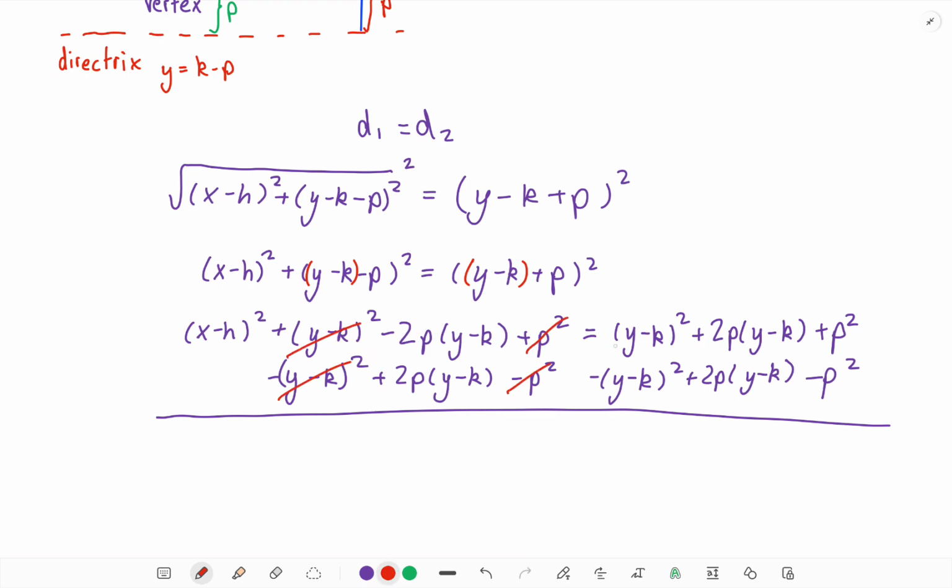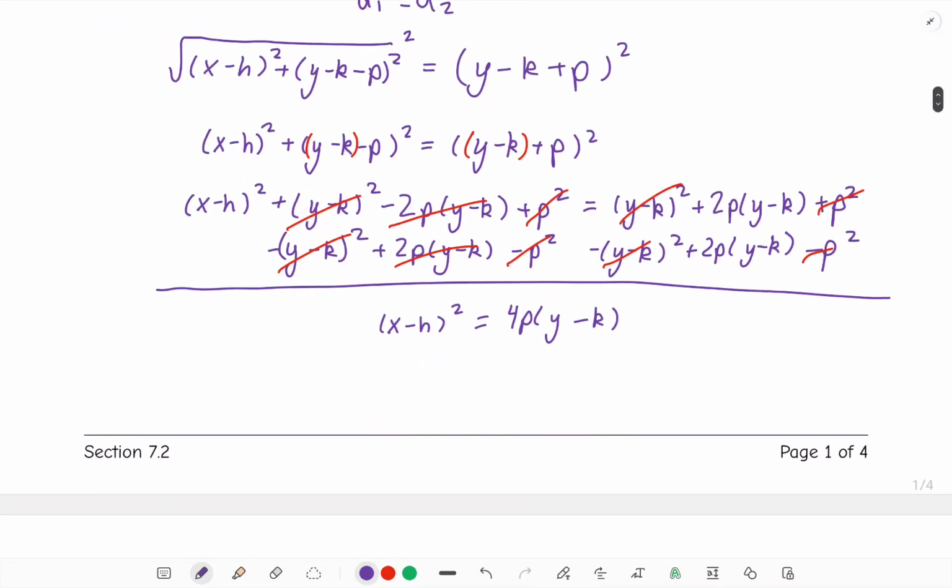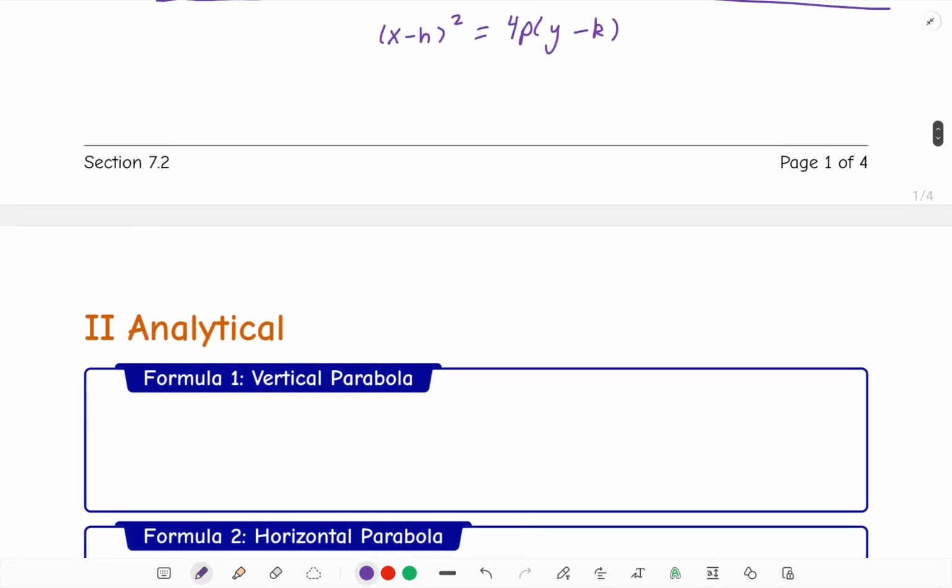The p squareds cancel out. This cancels out. And we're left with x minus h squared equals 4p times y minus k. So again, this is the equation of a parabola. In specific, a vertical parabola.